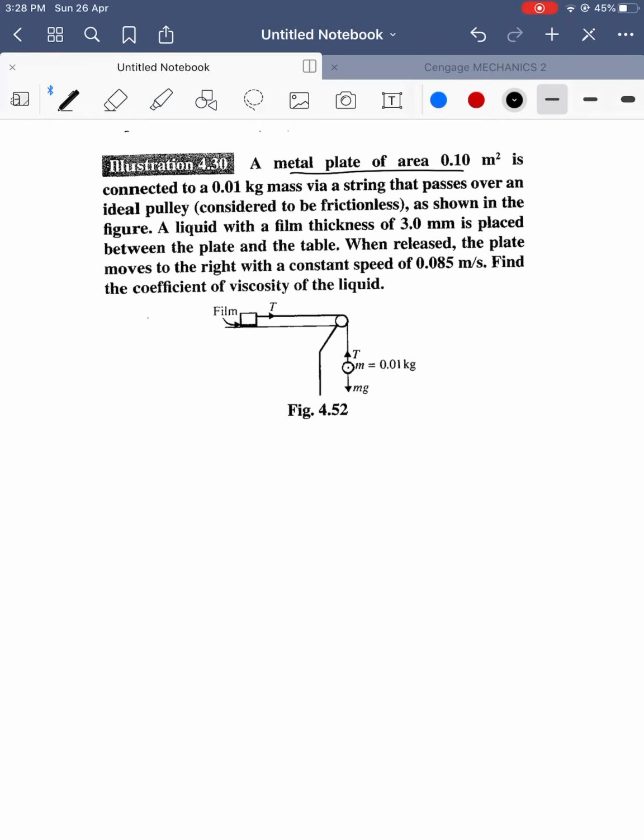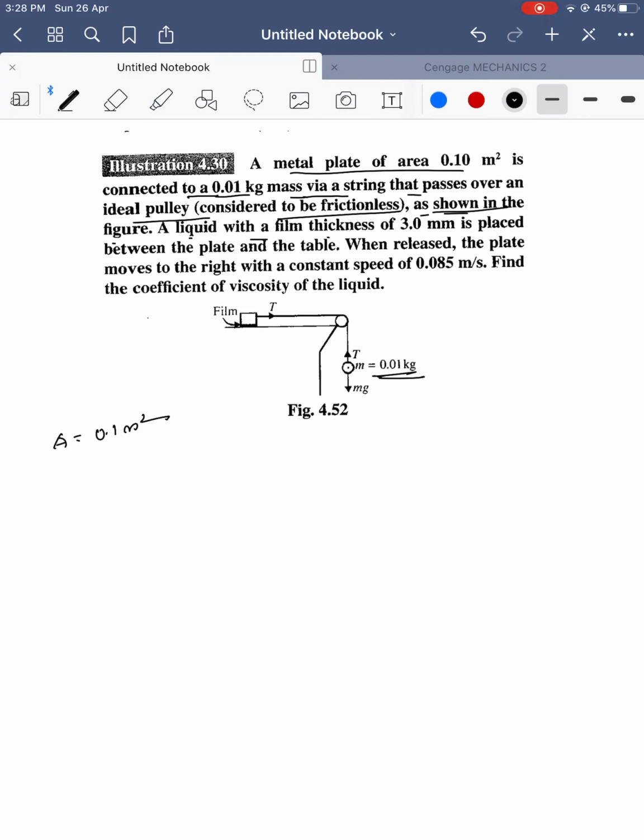A metal plate of area 0.1 meter square is connected to a 0.01 kg mass via a string that passes over an ideal pulley, considered to be frictionless and massless, as shown in the figure. Now this is the figure.